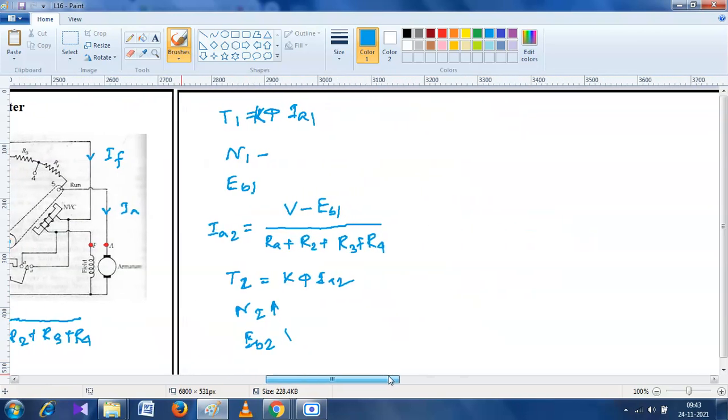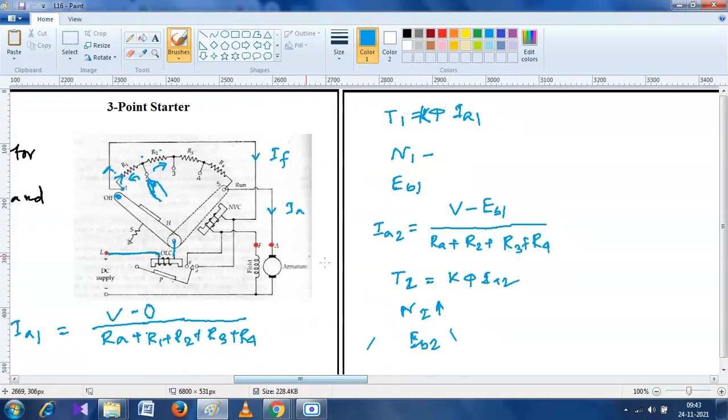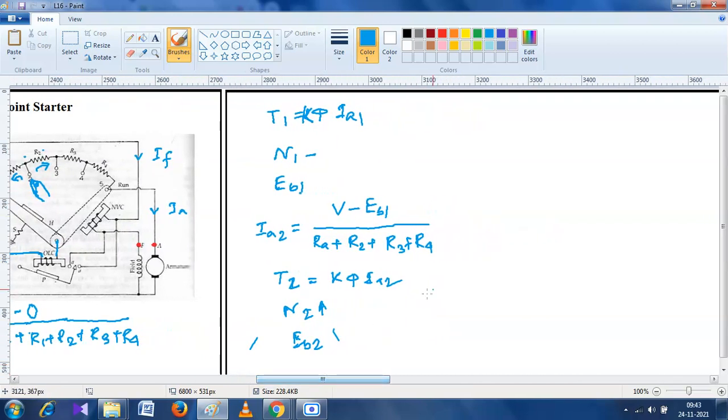After that, we move to position 3. What is the value of armature current at that time? Tell me. V minus Eb2 by Ra plus R3 plus R4.